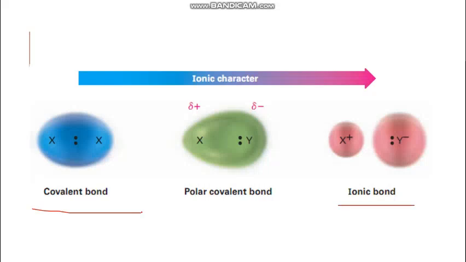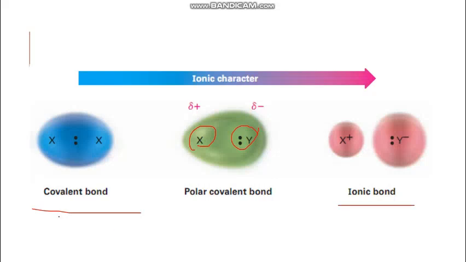So, mas nag-a-attract yung isang atom kesa dito. Mas nag-a-attract siya ng electron. So, the electron distribution between atoms is not symmetrical. So, it's unsymmetrical. Wala siyang equal distribution of electron density.